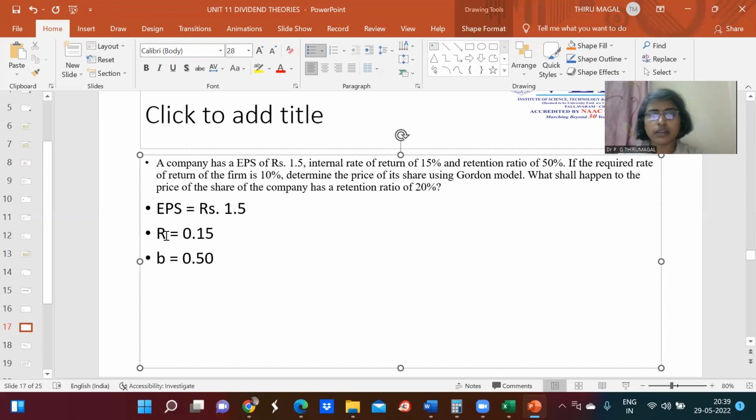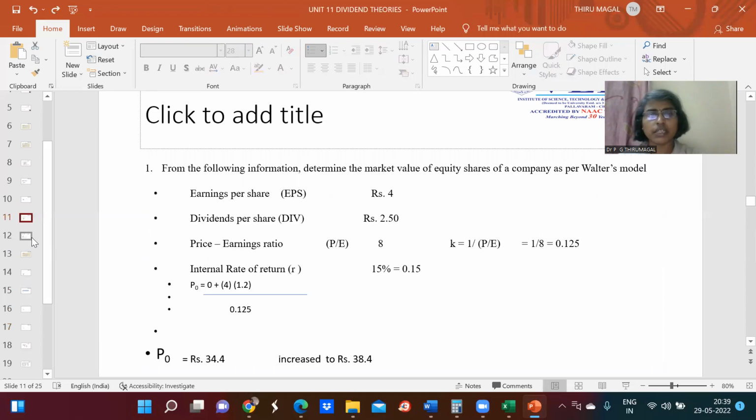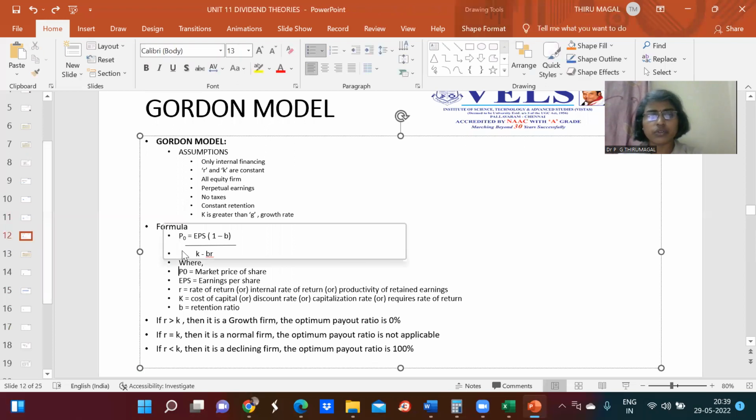The next one is the required rate of return K, equal to 10%, which means 0.10. Then we have to find the value of the share price using the Gordon model. The same formula which we used in the last problem, we can use here.